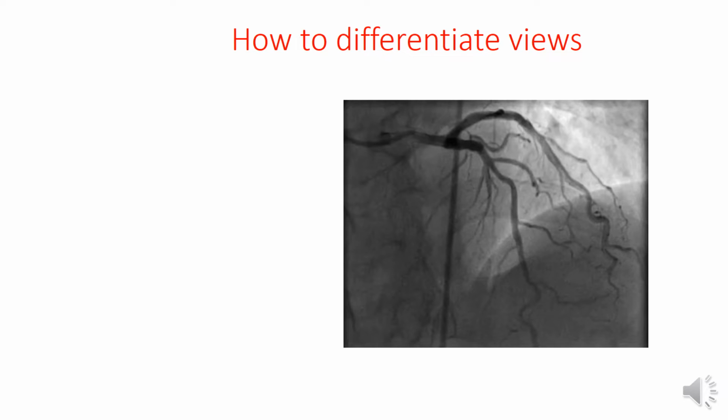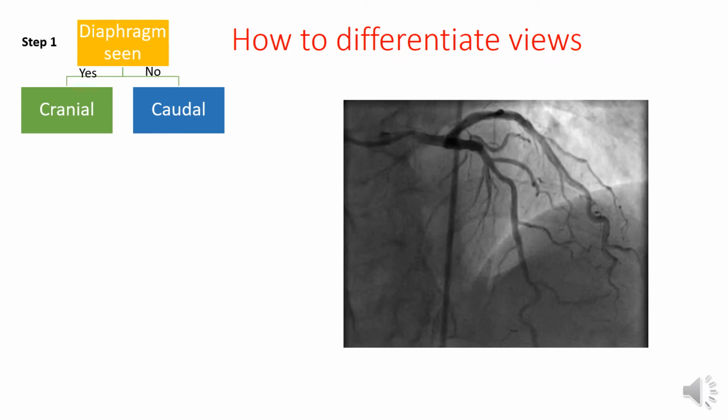So how to differentiate all these views? We have a classic teaching method which depends on anatomical markers like the diaphragm. If you see the diaphragm in the picture, this means that we are looking from the head side of the patient, or the cranial side of the patient.